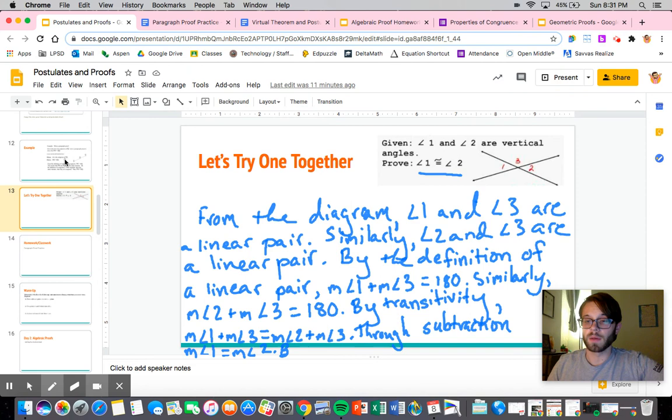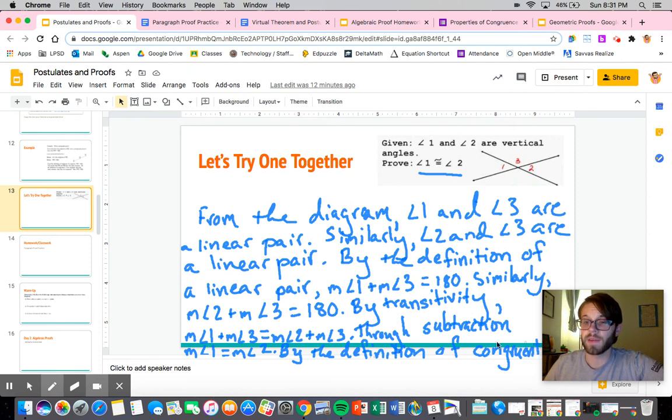Same kind of argument that we used in the last one: by the definition of congruence. By the definition of congruent, and you know what, I'll be even more specific.